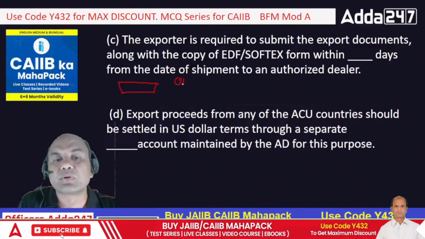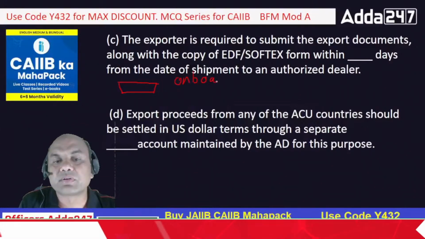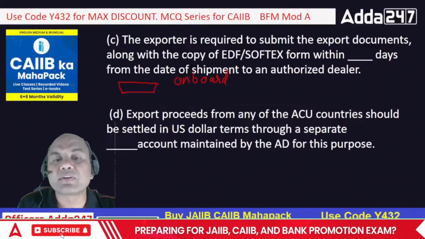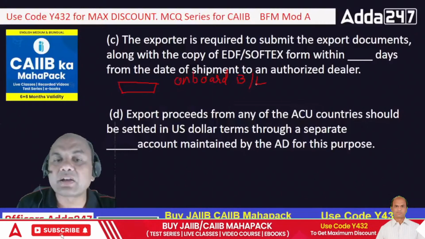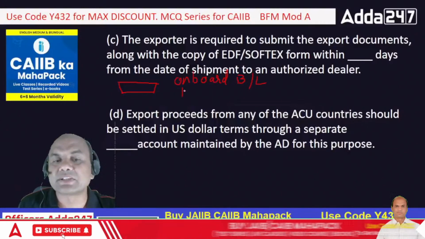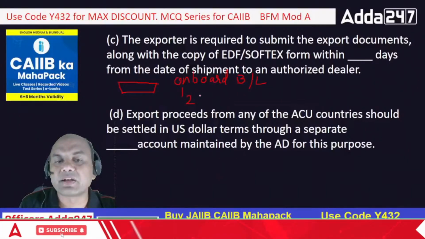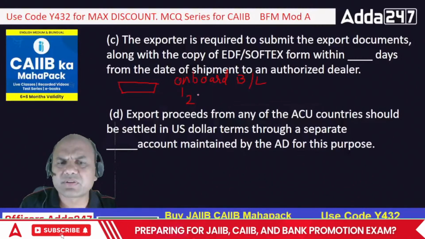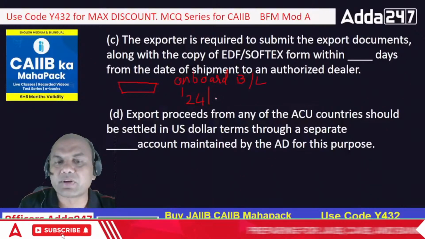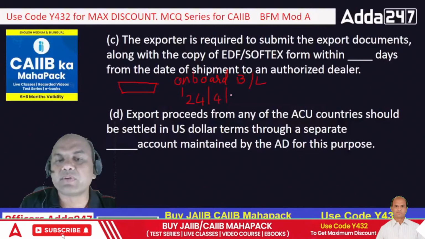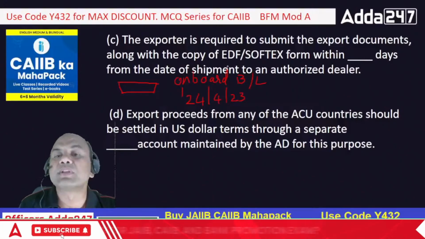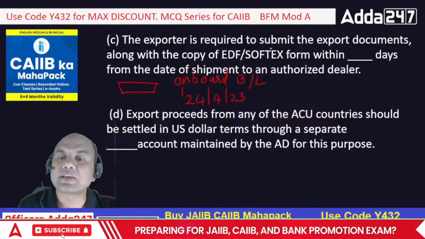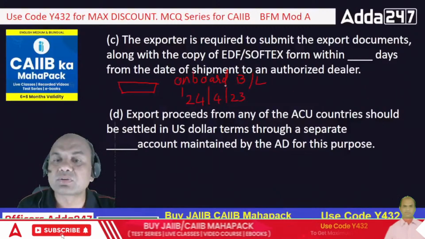I get an onboard certificate, the onboard BL, bill of lading. Suppose the date of onboard BL is 24/4/23. Within how many days should I submit the documents to the bank?